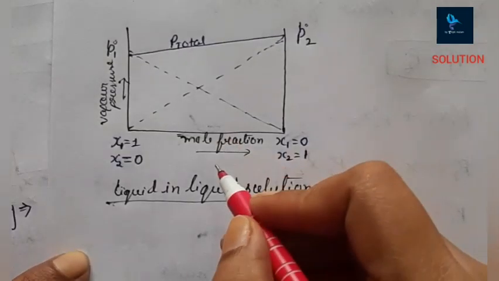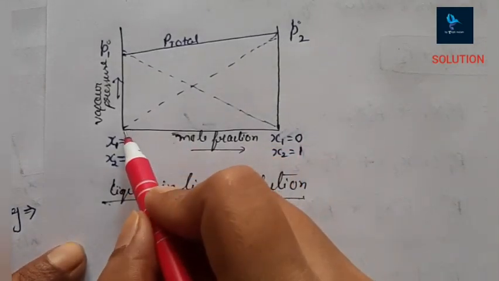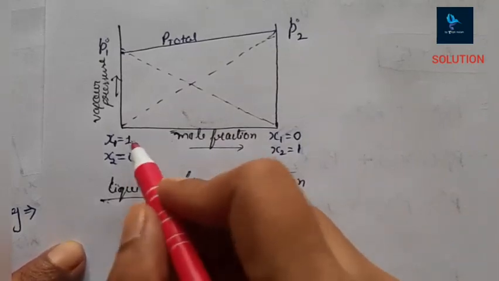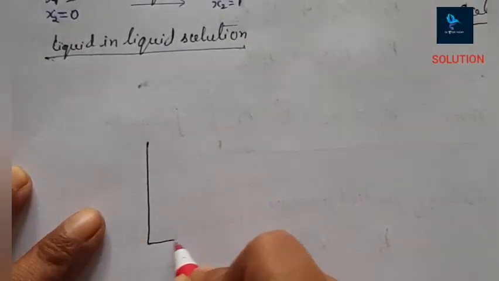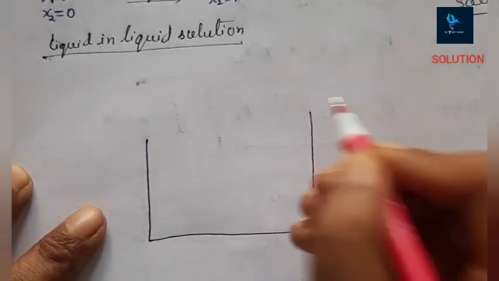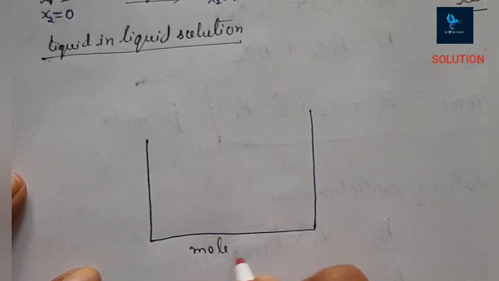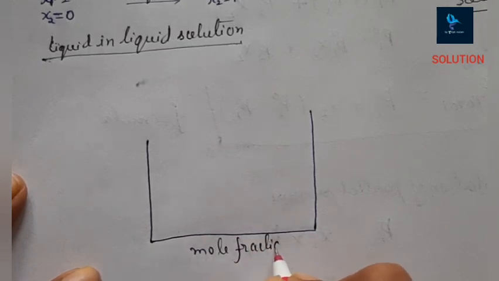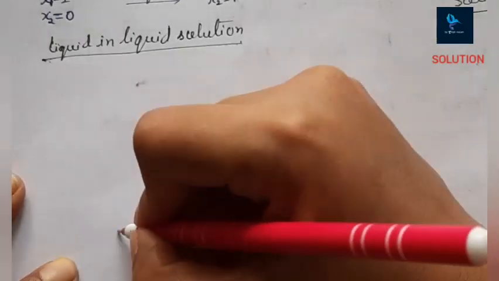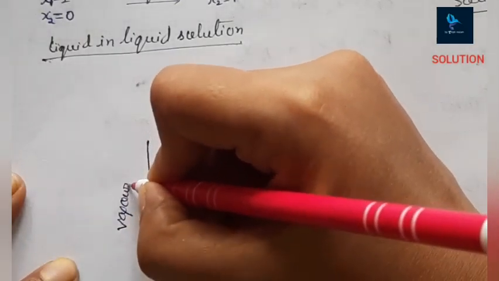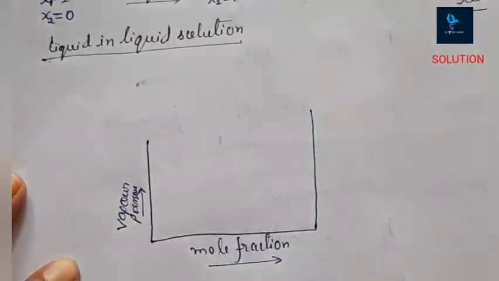Students, look at the phase diagram of Raoult's law. Here I am drawing this: mole fraction on one axis and vapor pressure on the other.